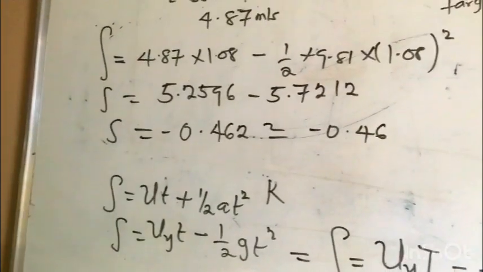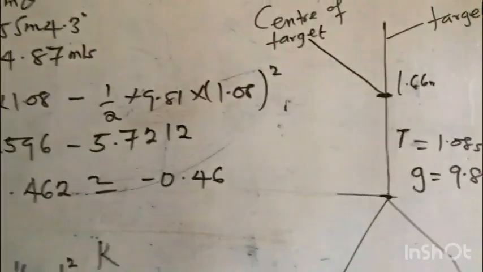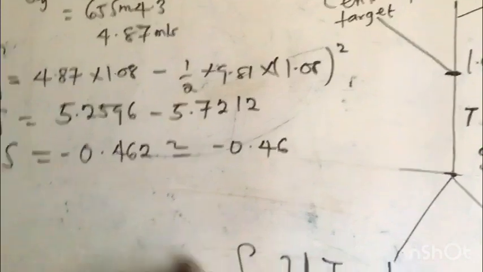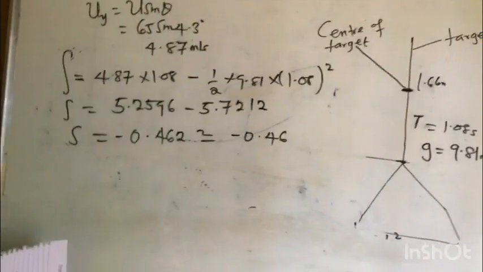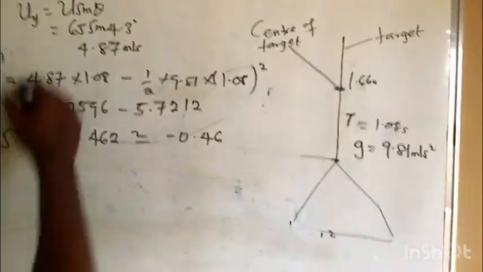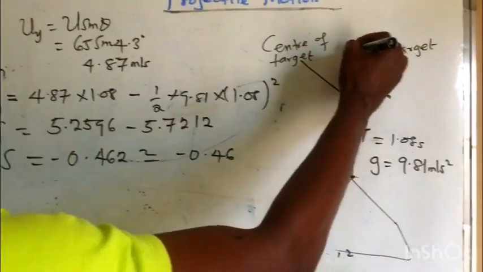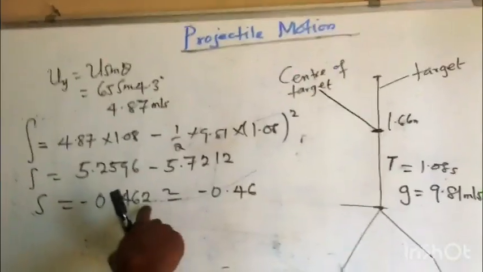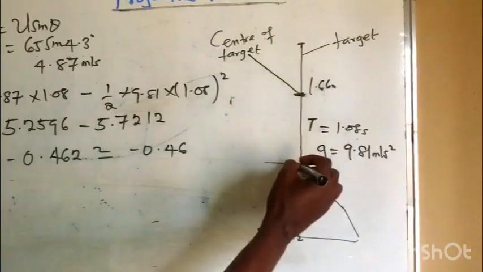Now, why this minus? Don't forget that when the arrow is coming, it hits its target. What this is saying is that from here to here is this. That's why it's giving us the minus. So what will be our height downward?